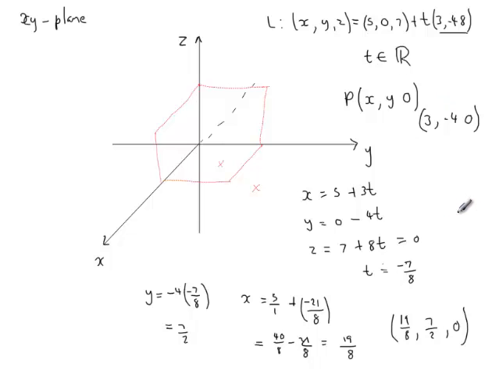We can calculate the angle between the 2 vectors. If the angle is 0, what does it mean? It will mean that the line is parallel to the plane, so it will never cut. But if the angle is not 0, then somewhere it will cut.